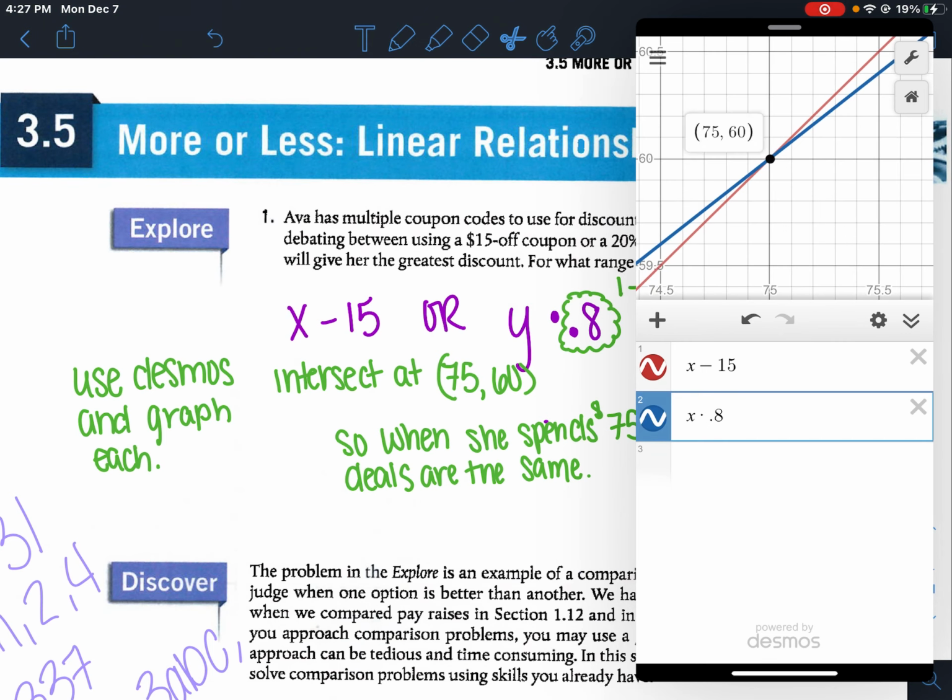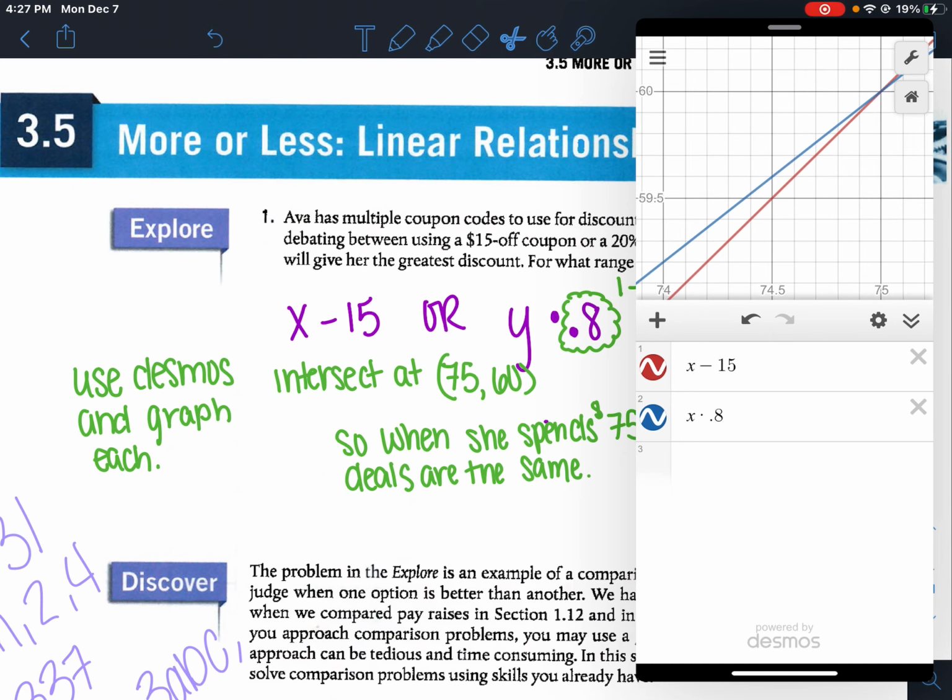Now, which deal is better when? Okay, well, if I'm spending less than $75, so I'm going to look for everything to the left of that intersection point, which one is going to be cheaper? Okay, well, the red line is below the blue line, so that's telling me it's going to be cheaper.